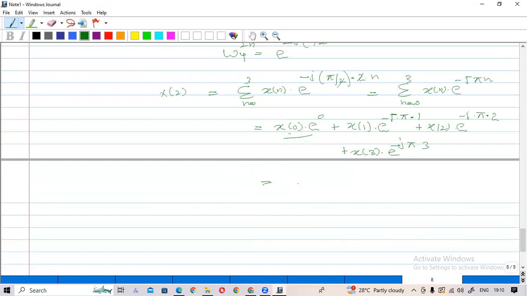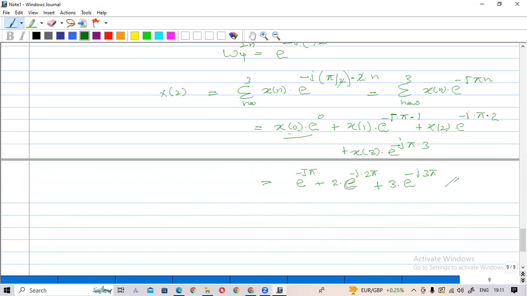X1 is 1, so you will have e to the power minus jπ, plus x2 is 2, so 2 e to the power minus j2π, plus x3 is equal to 3, so 3 e to the power minus j3π.